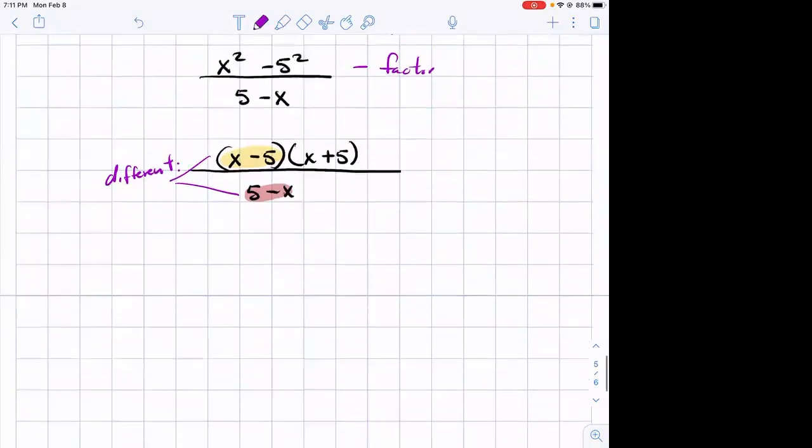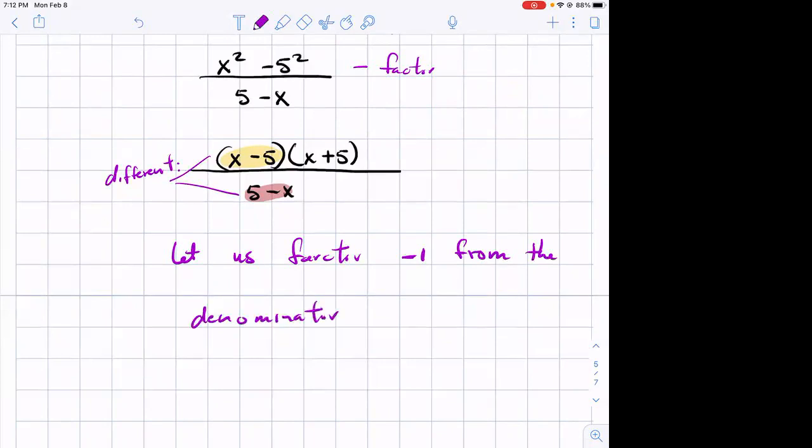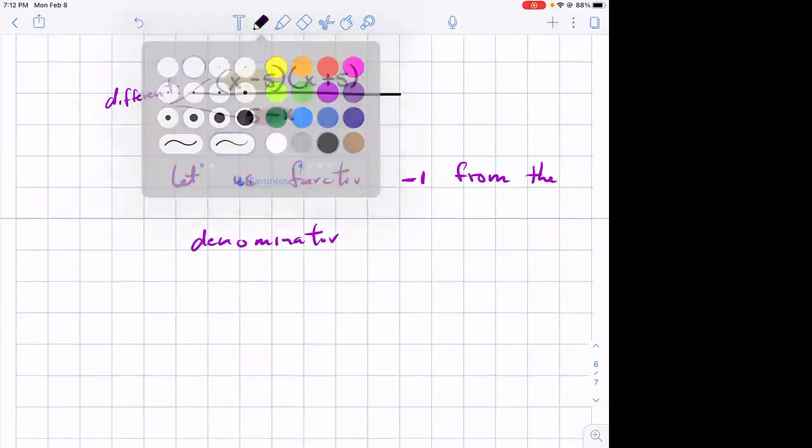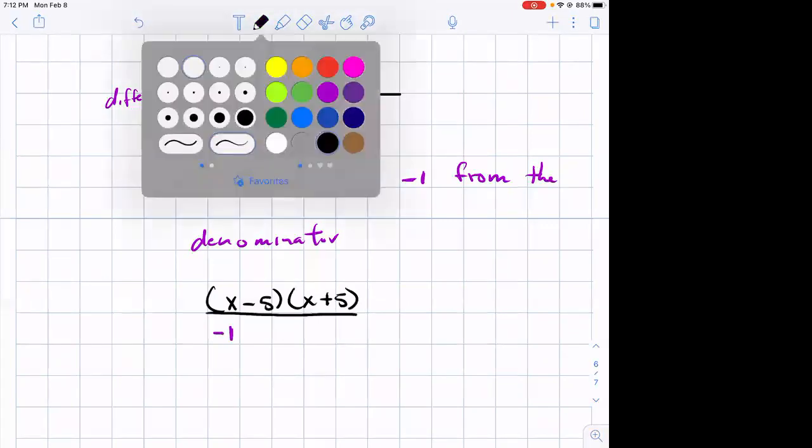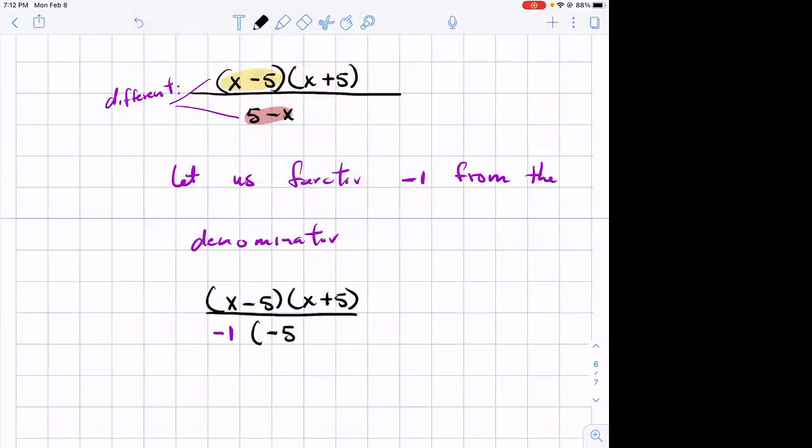So what we can do, let us factor -1 from the denominator. The numerator stays the same, x minus 5 times x plus 5. But if we factor -1 from the denominator, this will leave me with minus 5 plus x.